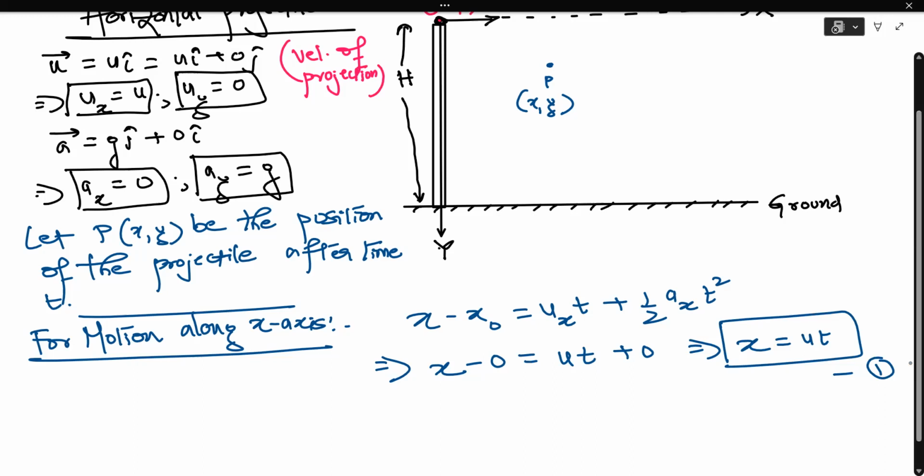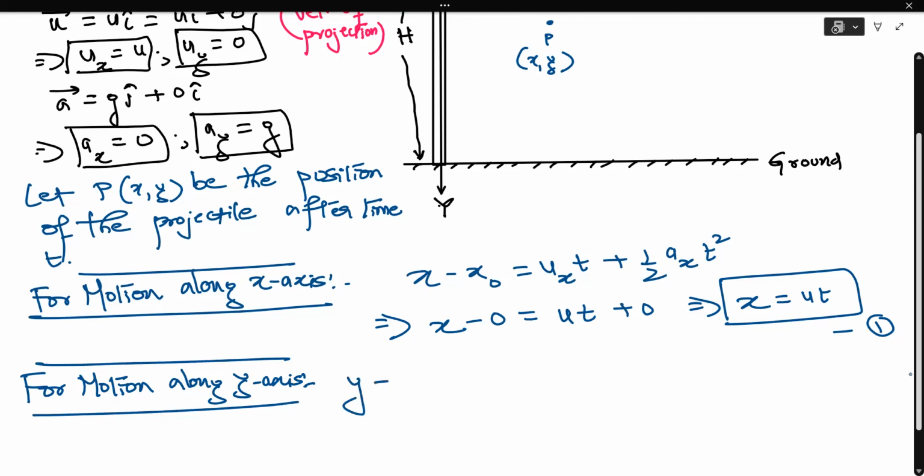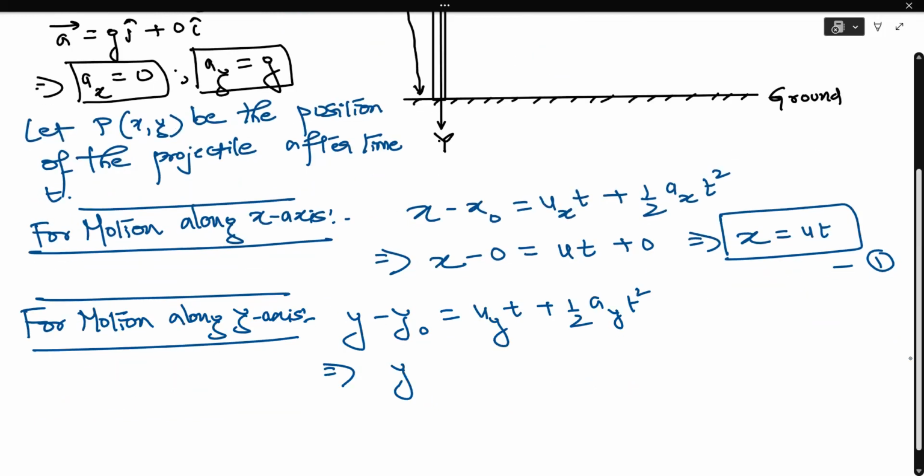Same way, for motion along the y-axis, we can say y minus y0 equals uyt plus half ayt squared. Here y is our coordinate, and the initial y coordinate was also 0.